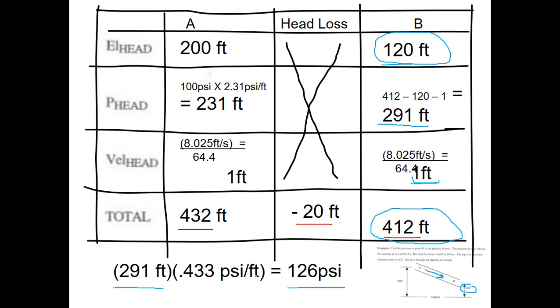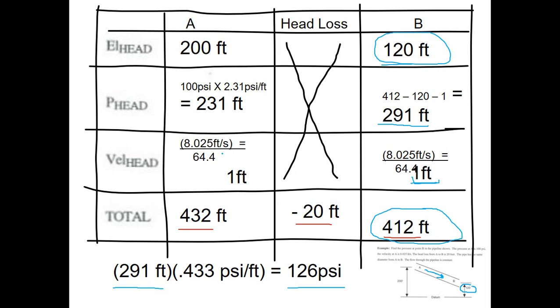Now this is a nice method for analyzing pipes and hydraulic systems. We just track the energy in different locations with a chart and look at the head loss from one point to the next.